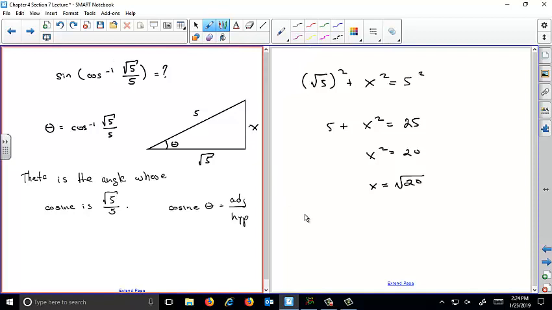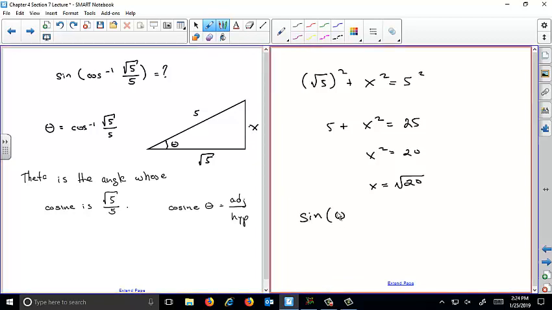And so then if we want to find the sine of theta, well, theta is defined by this right triangle with the given side lengths now, and the sine is the opposite over the hypotenuse. The opposite is the square root of 20. The hypotenuse is 5. So that's your answer.